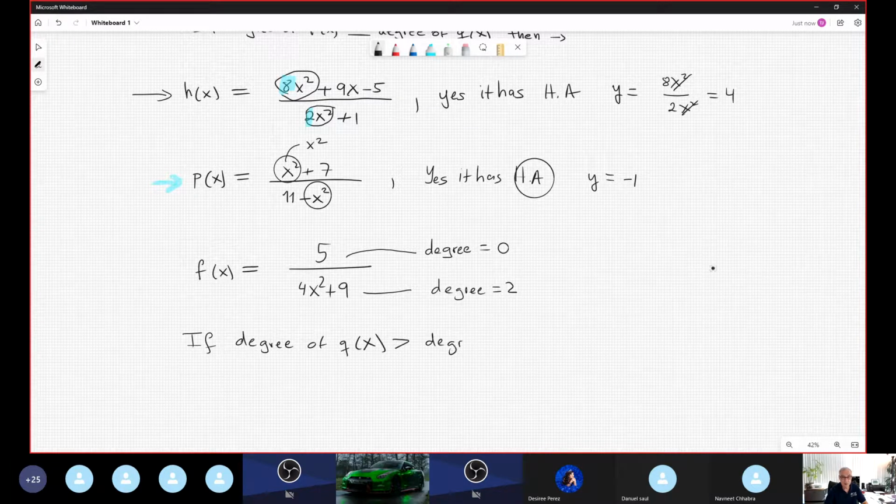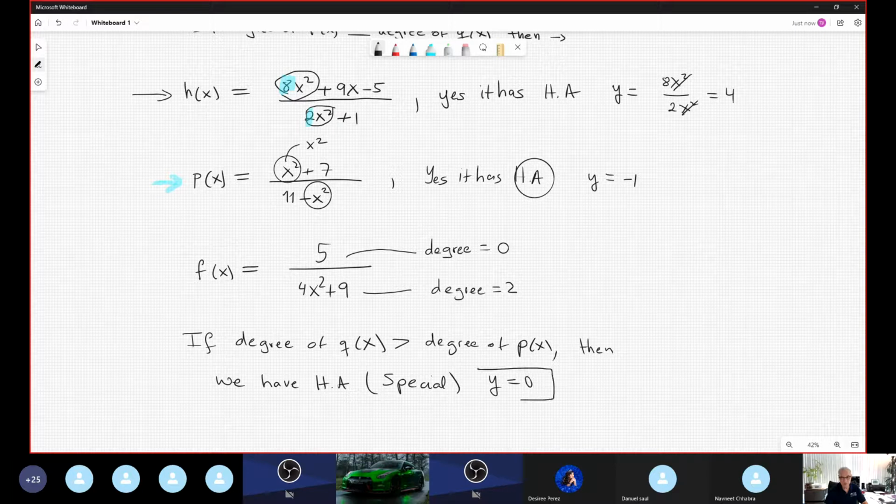then we have also a horizontal asymptote, but that is special, not regular like when the degree is the same. And the special case is that it is always y equals 0.